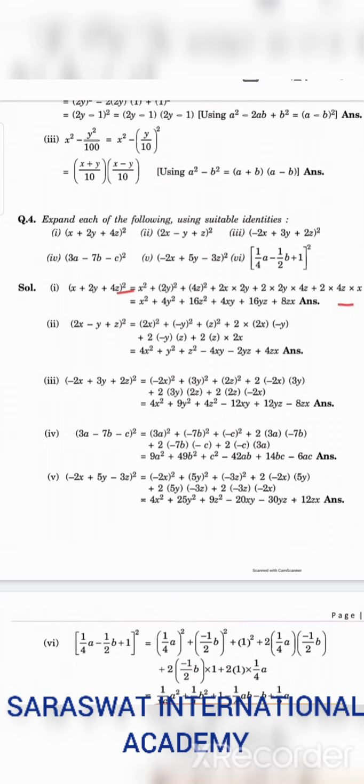Simplifying this step, multiplying, lastly we get the expansion of the polynomial: x square plus 4y square plus 16z square plus 4xy plus 16yz plus 8zx, by using our identity number 5. Similarly, we solve all the rest of the questions by using identity number 5.